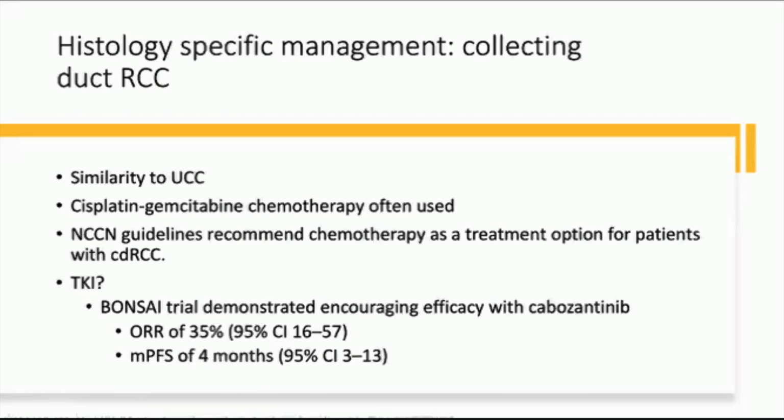There was this trial, the BONSAI trial, which looked at the efficacy of TKIs with cabozantinib and found some encouraging results with this drug, with an objective response rate of 35% and a progression-free survival of 4 months. So with more research, this could potentially represent also an option for these patients.